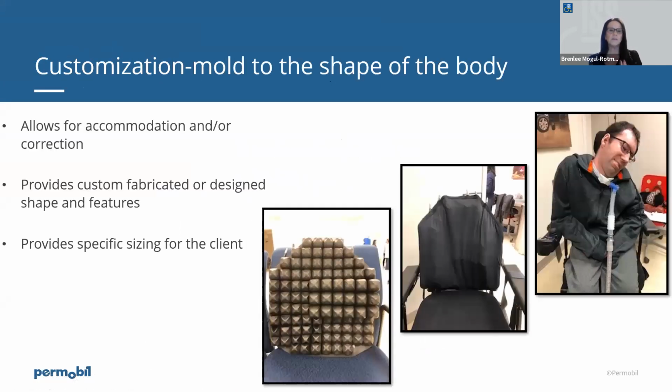And then customizing a back shell or the medium allows for increased accommodation or correction and the ability to potentially lock the client into a safe and stable position. The client's shape and their size can really be intimately matched through customization, and skin and tissue protection, as we know, can really be enhanced, as well as positioning.